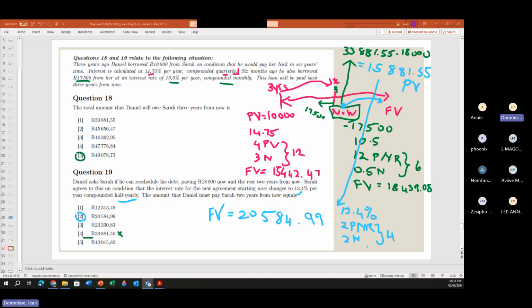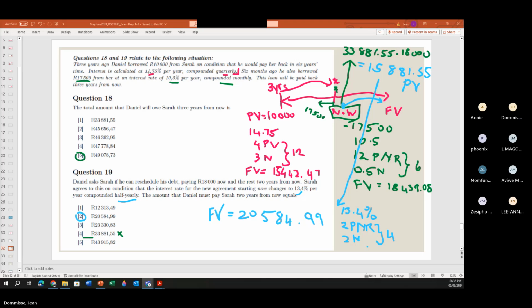And instead of working out what the future value will be in 3 years' time from now, we need to work out what that value is currently. So the one we took out 3 years ago and the one we took out 6 months ago, we needed to make it everything what is the current value.